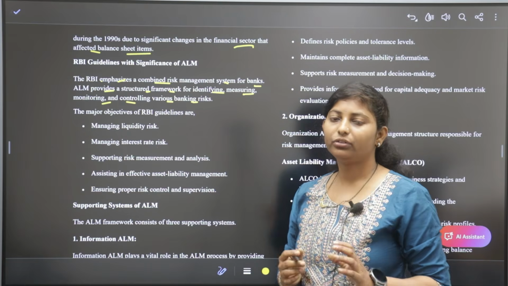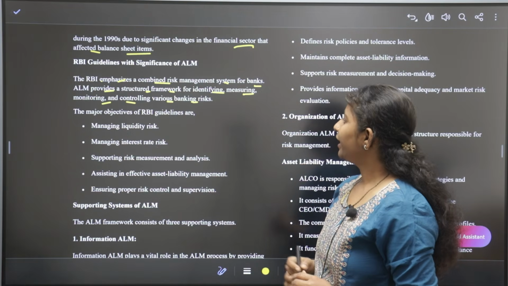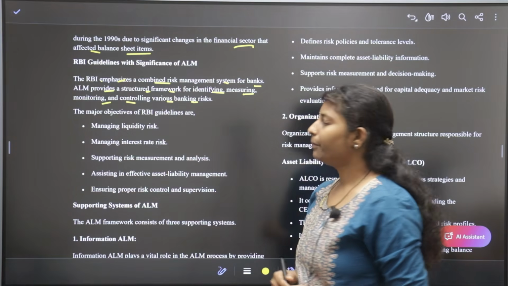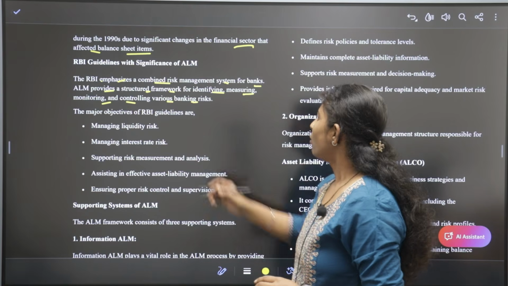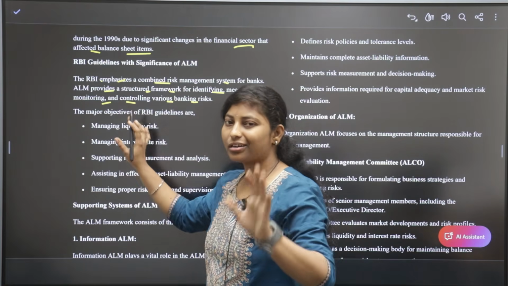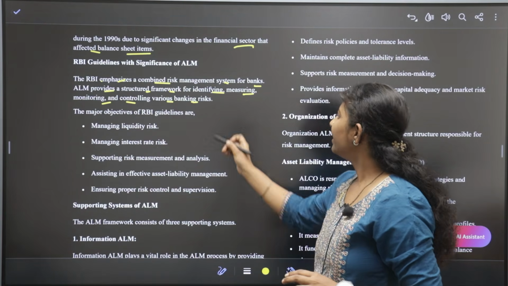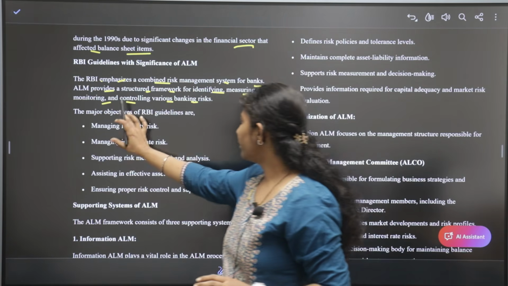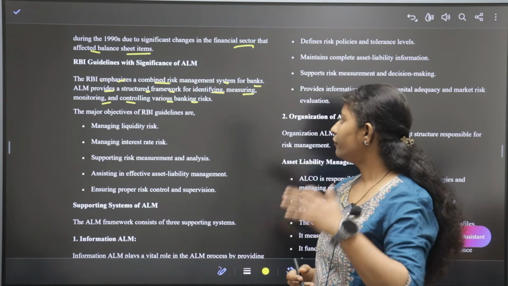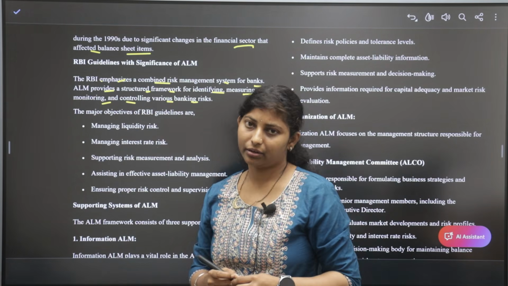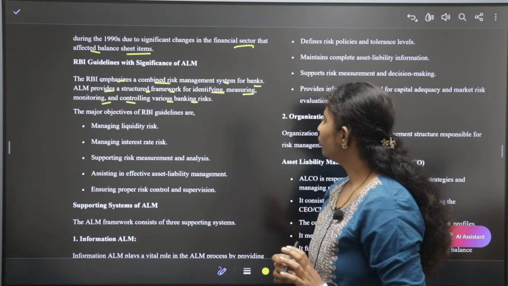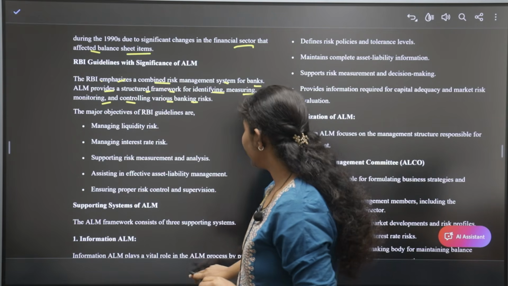RBI gave this method, and ALM helps the financial institution by giving a structured framework. In it they identify, measure, monitor and control various banking risks, which will help you eliminate banking risk.